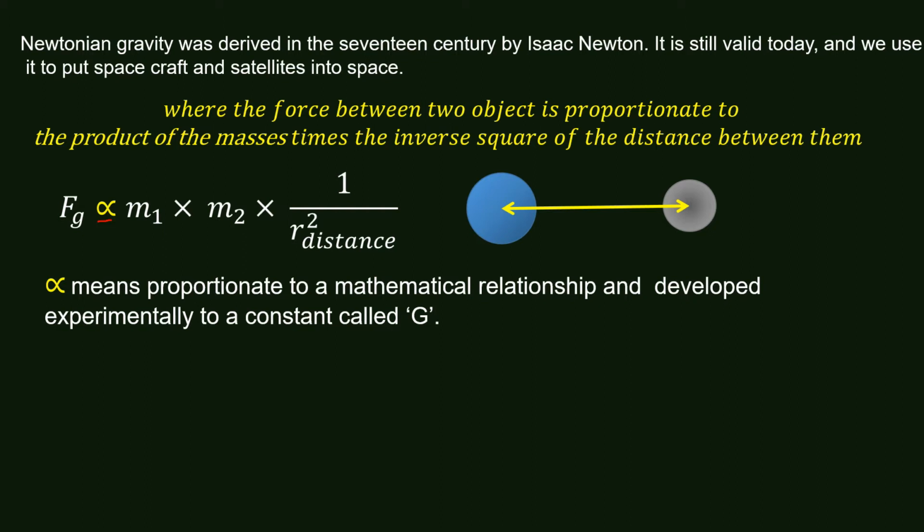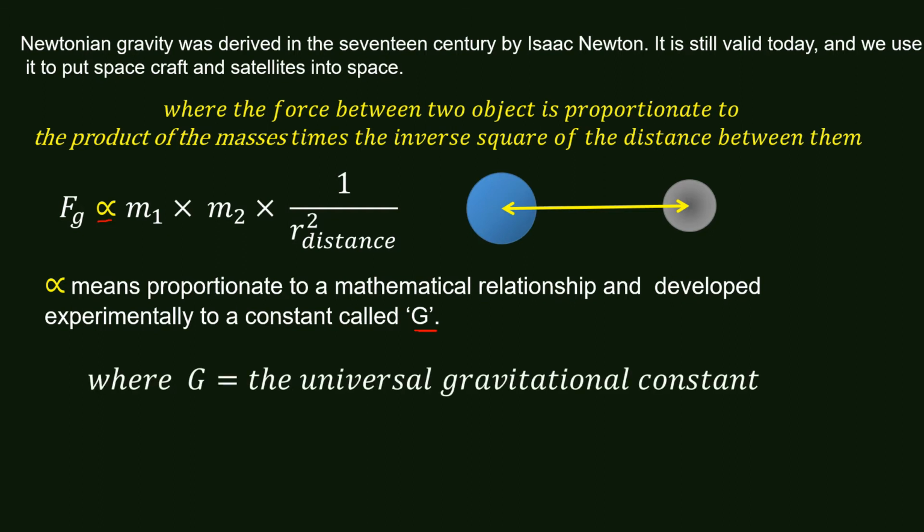This constant is called G, or big G, and it is known as the universal gravitational constant, which applies to pretty much the whole universe. This is true for any and all masses that he considered throughout the universe. It's not a local constant, it is a universal constant.